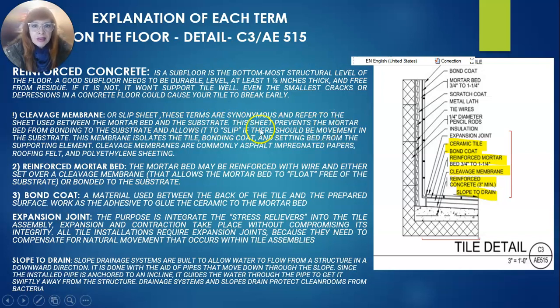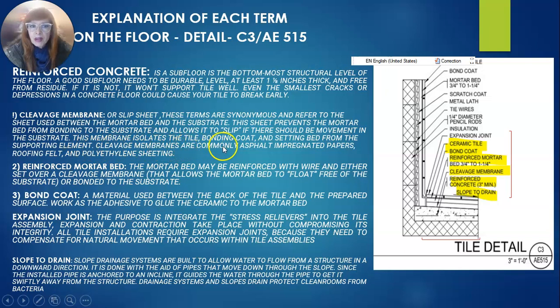This sheet prevents the mortar bed from bonding to the substrate and allows it to slip if there should be movement in the substrate. This membrane isolates the tile, bonding coat, and setting bed from the supporting element.